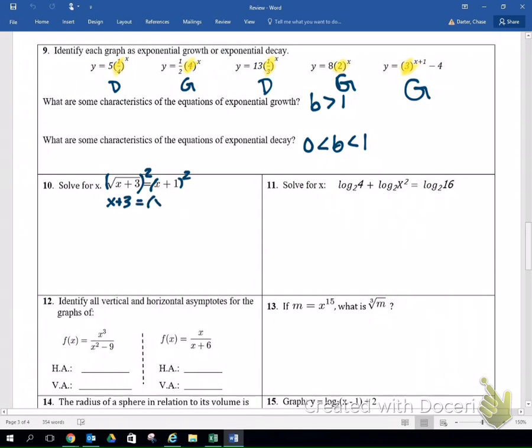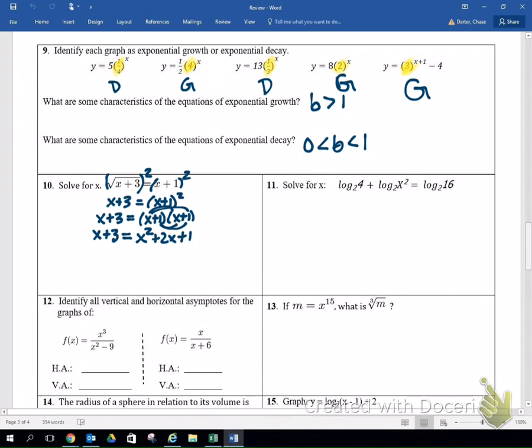And then over here we have x plus 1 squared, which means that x plus 1 happens twice, which means when we solve this, we need to distribute. So after you distribute, you end up with x squared plus 2x plus 1.